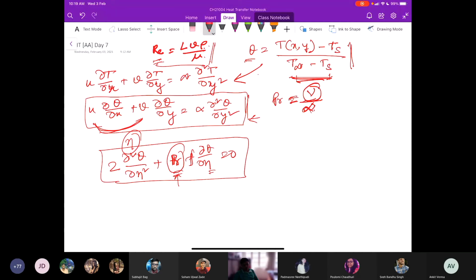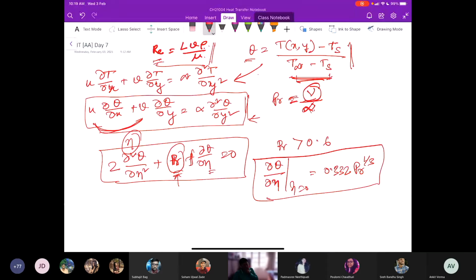Now it has been shown that for Prandtl number values greater than 0.6, the relation we have is 0.332 Prandtl number to the power 1/3.